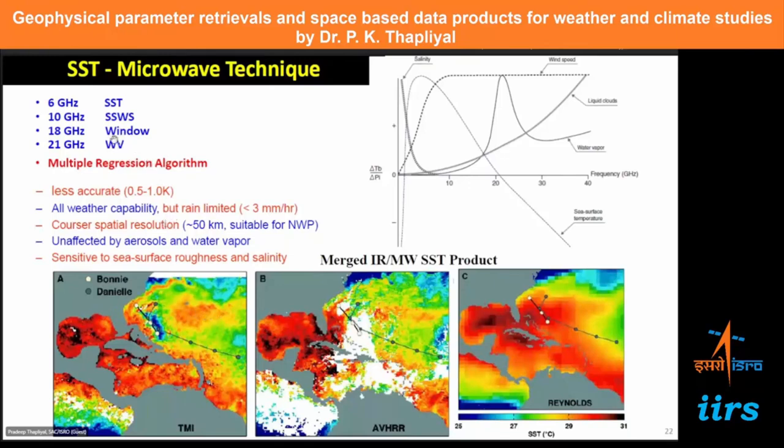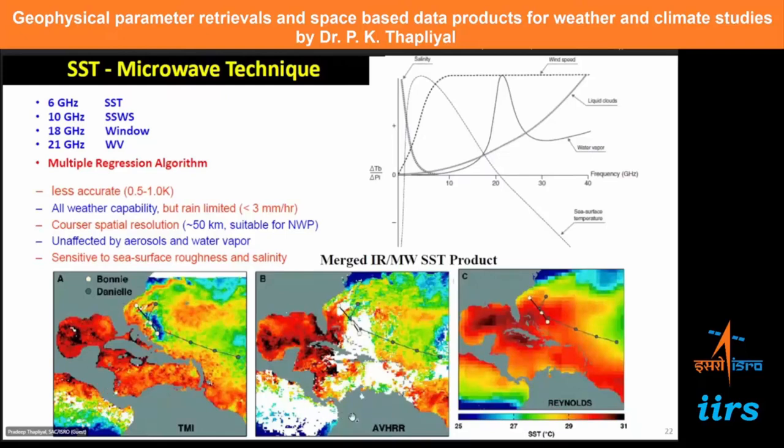And an important point here is that you can get sea surface temperature in all weather conditions. Even if cloud is present, you can get sea surface temperature. You cannot get sea surface temperature only when there is heavy rain. So for raining pixels only, you will not be able to find SST. For example, here you can see this is microwave SST.